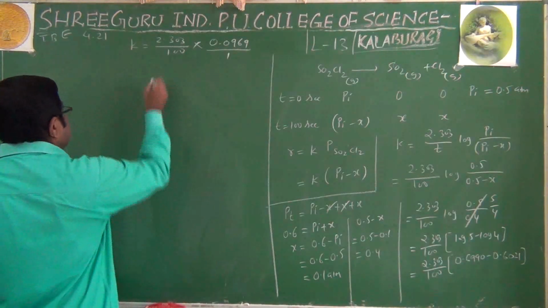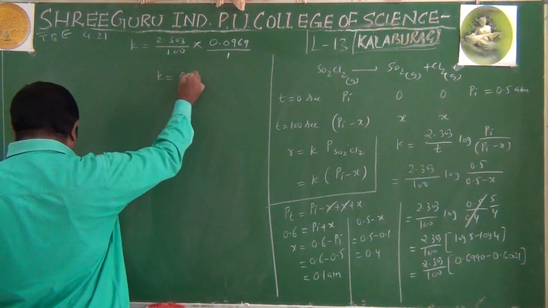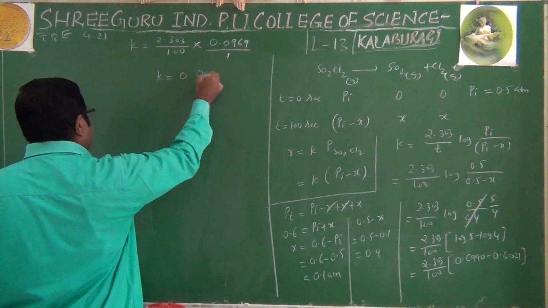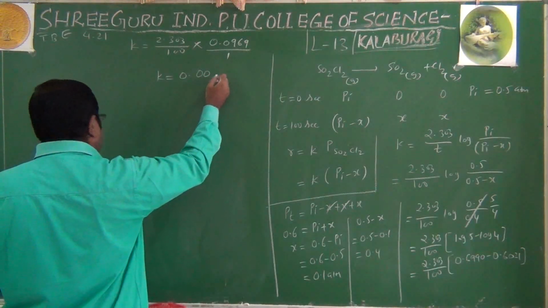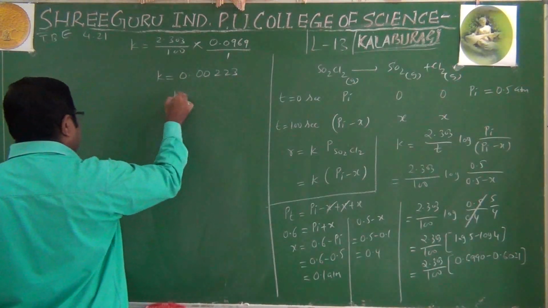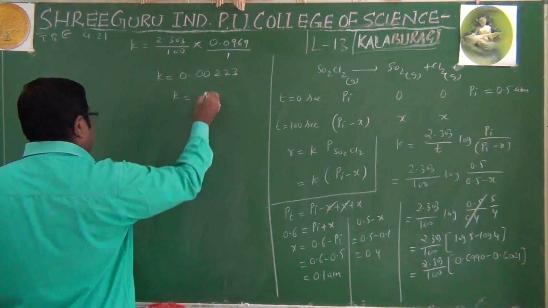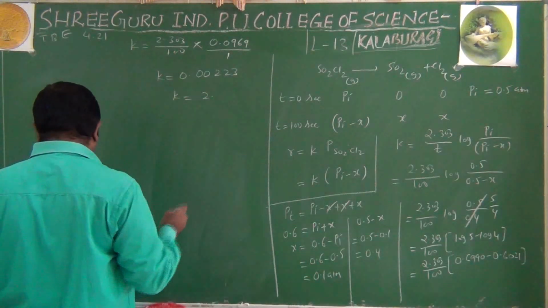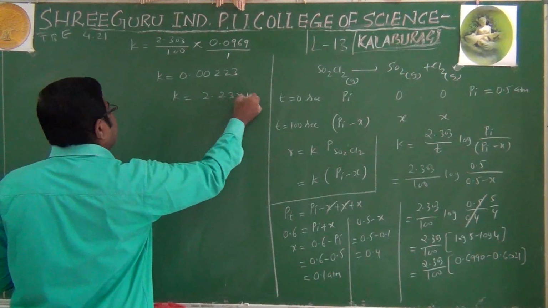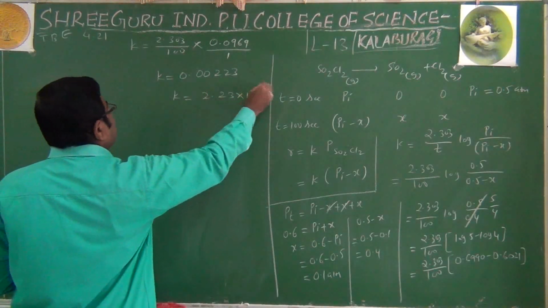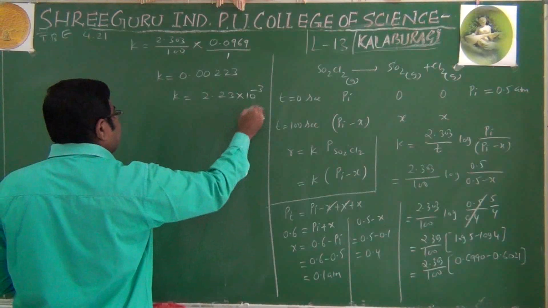So this K equals 0.00223, and that equals 2.23 into 10 raised to minus 3, and that is per second.